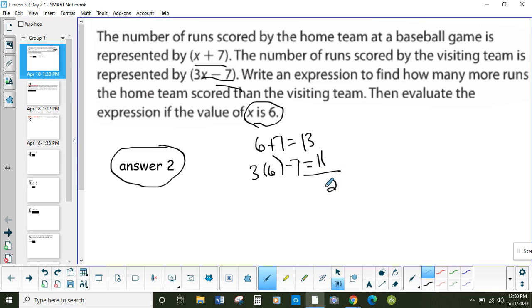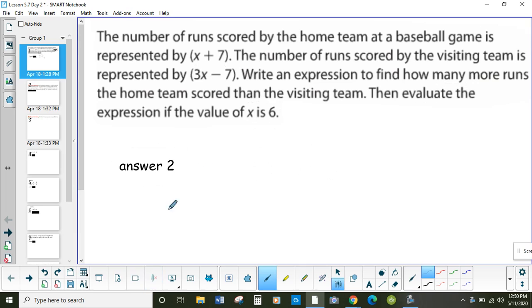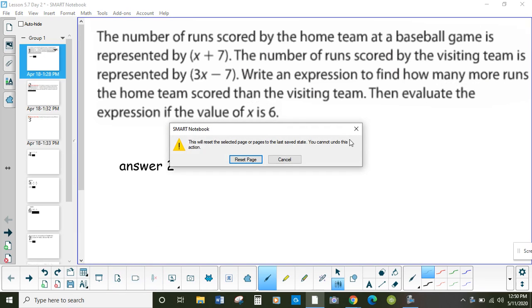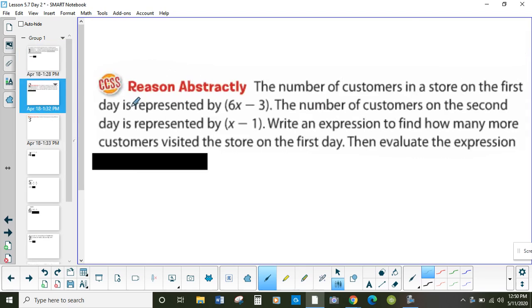So you see there's a difference of 2. So we're not finding the value of x this time. We're finding the answer to this question. We're going to evaluate for how many more. All right. Let's go ahead and go on to the next problem.